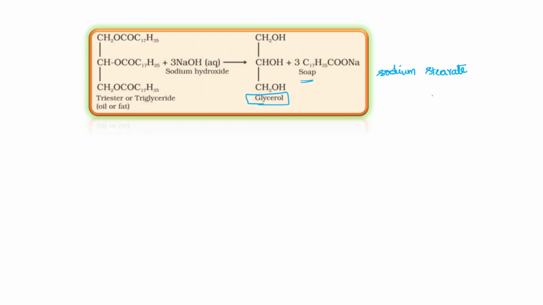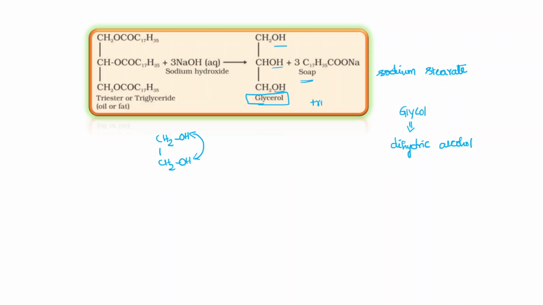Remember to differentiate between glycol and glycerol. Glycol is basically a dihydric alcohol. We have seen dihydric alcohol in nylon preparation, ethylene glycol. So CH2OH is ethylene glycol, where it has 2 OH, whereas here it will have 3 OH.